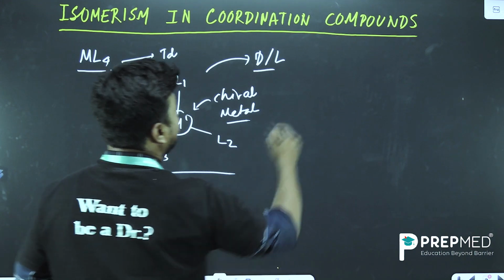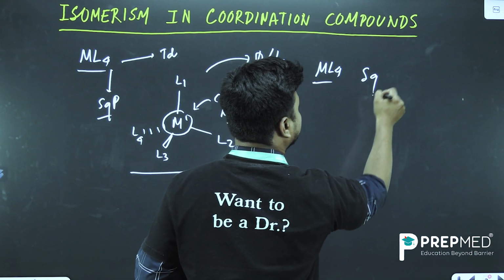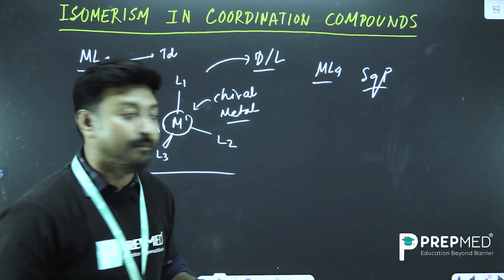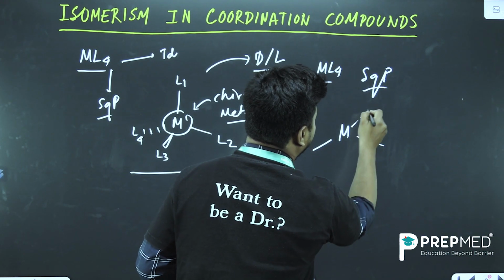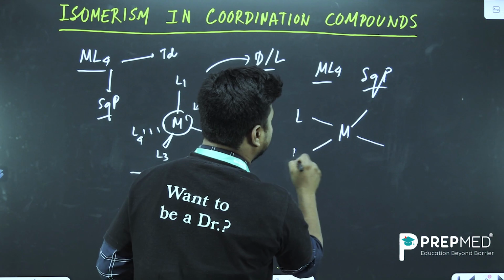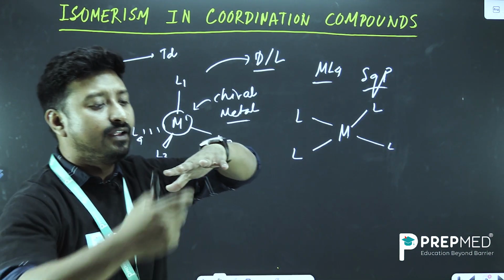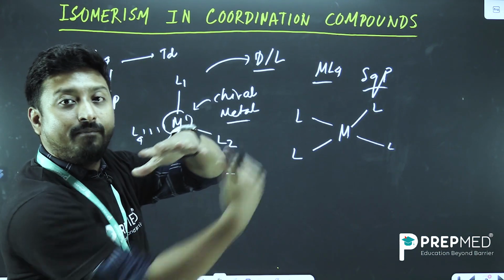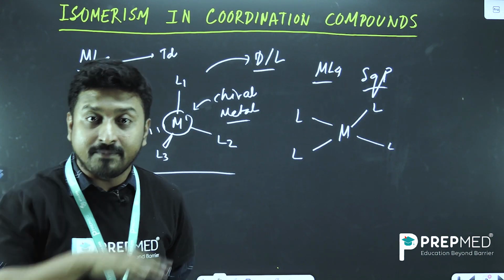Now see, but if I talk about ML4 square planar complexes, what will we see here? We will see very carefully that in the ML4 geometry, it is basically a plane, right? So it's a plane where, let's say, these are the two L on the front side and these are the two L on the back side. If it is a plane, that means the molecule has a plane of symmetry.